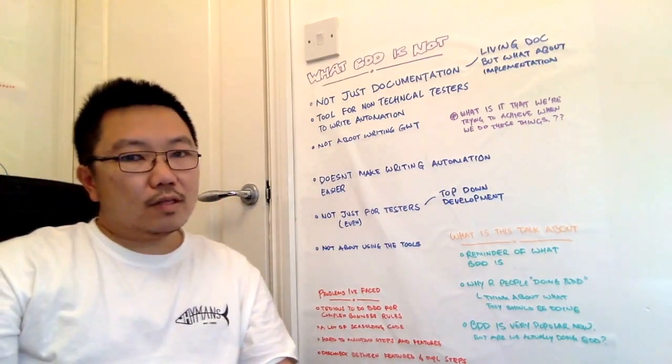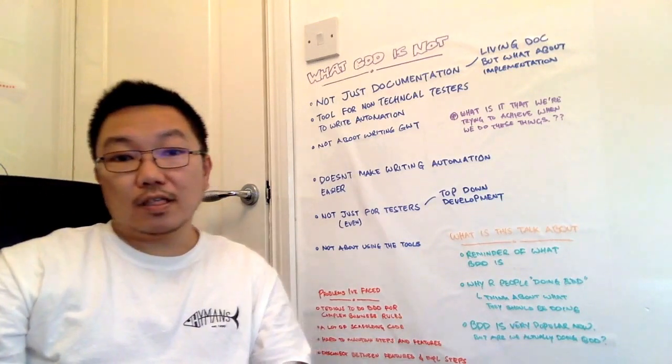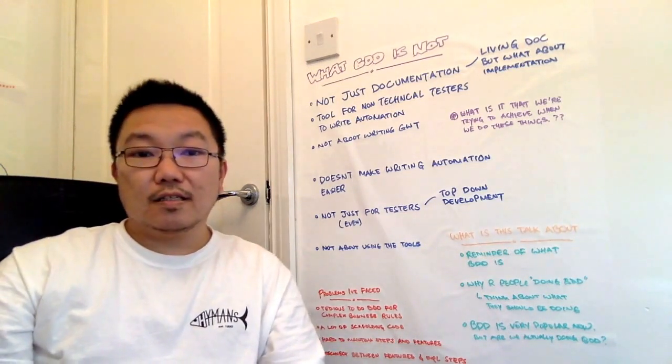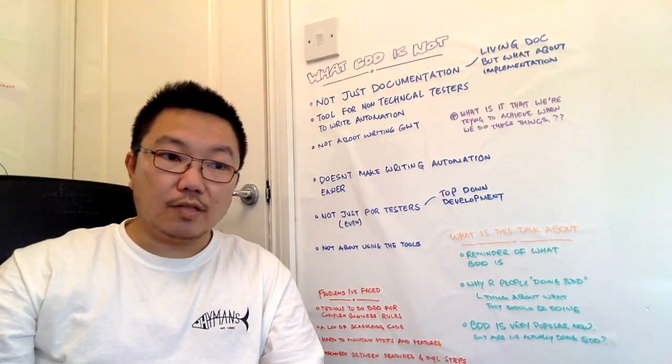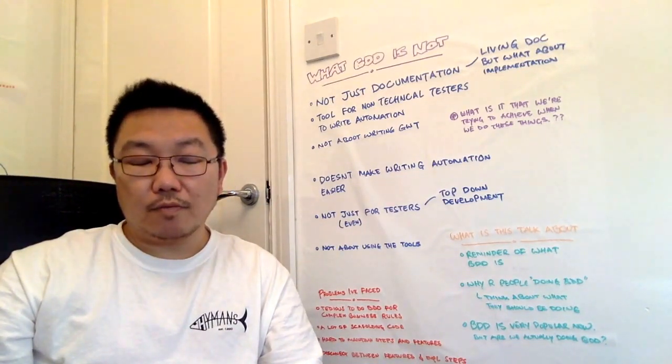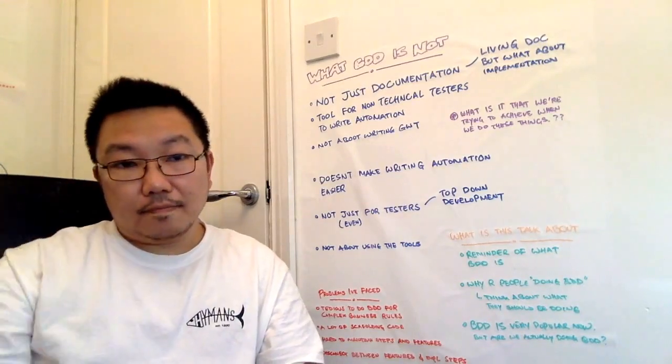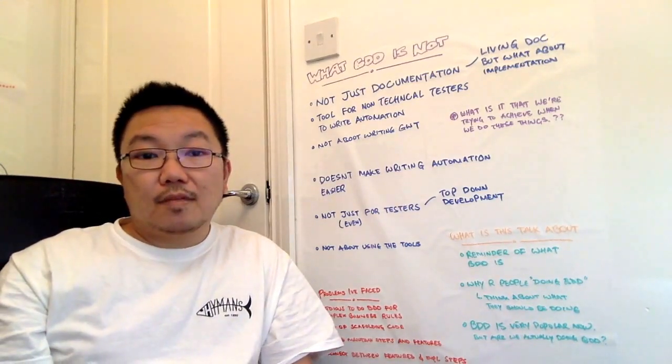One thing that I quite often hear is that people say they do BDD because they like how the feature files are written in a given-when-then form, and they use it for documentation.